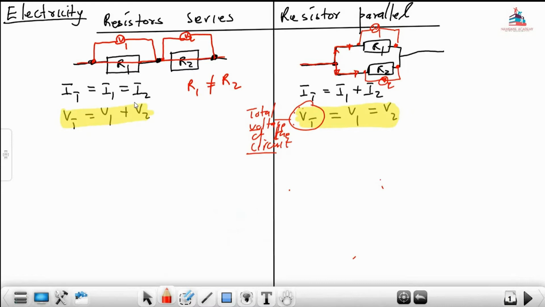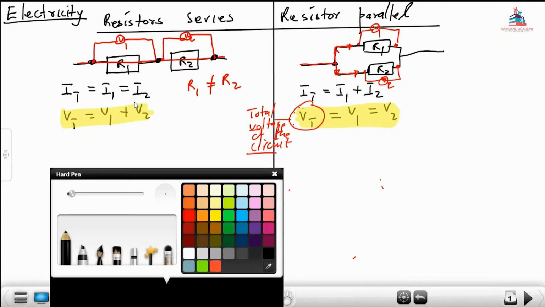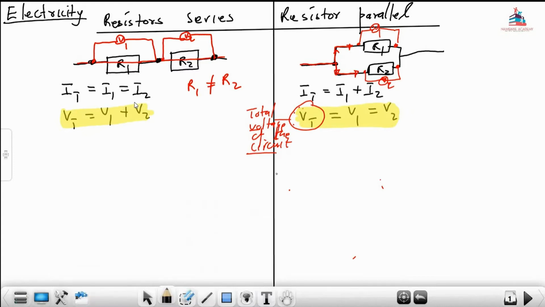Once we apply that specific rule, it will assist us to know exactly how to apply these concepts that we are trying to explain here. Let's move on and say, what will happen to the total resistance? So R total or RS will be R1 plus R2.